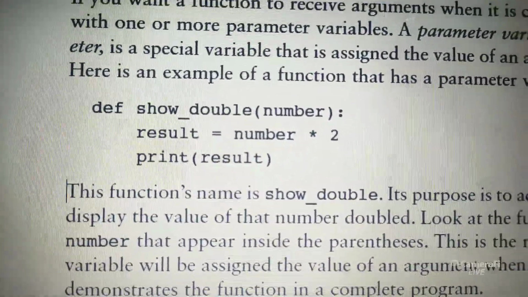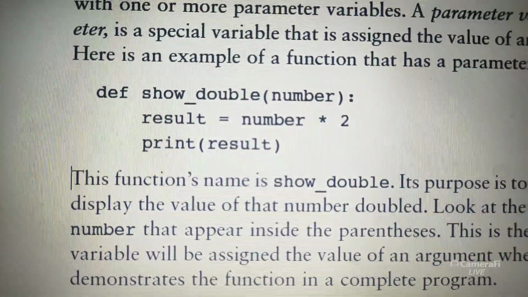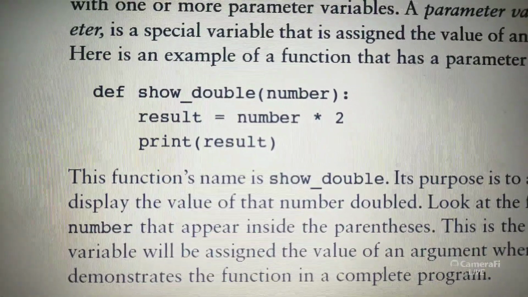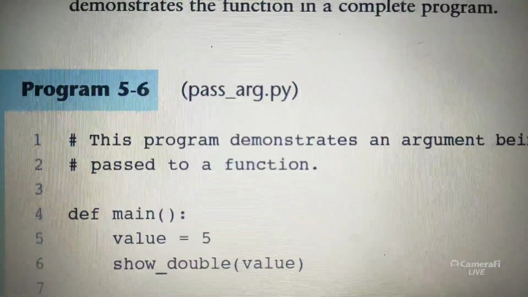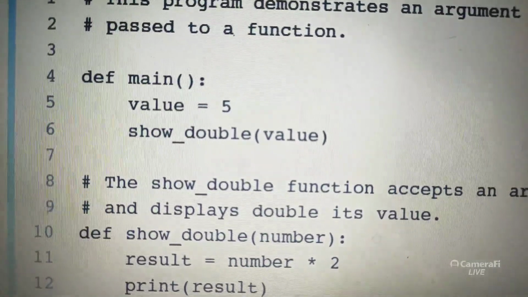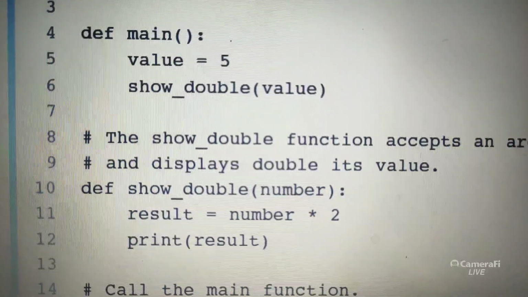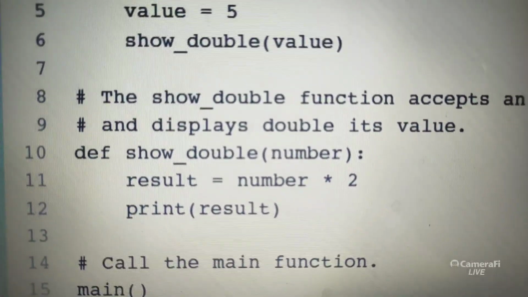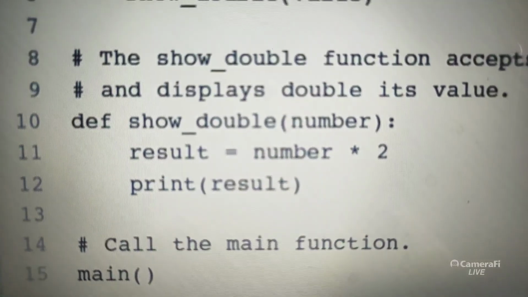So arguments are being passed when a function is called. What is the name of the function? Show double. When show double is called, we give show double of, for example, 10. So what is the answer? We have sample code, value equal to 5. In main we are defining value, and the show double function will return result equal to number into 2.